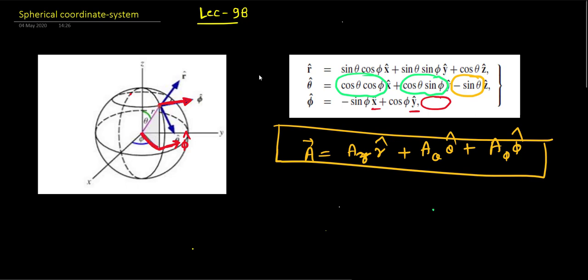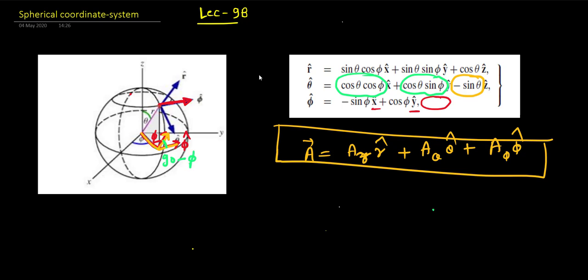Now let's look at this vector. This will be making the angle phi. This is perpendicular to this line, so this green angle would be 90 minus phi.